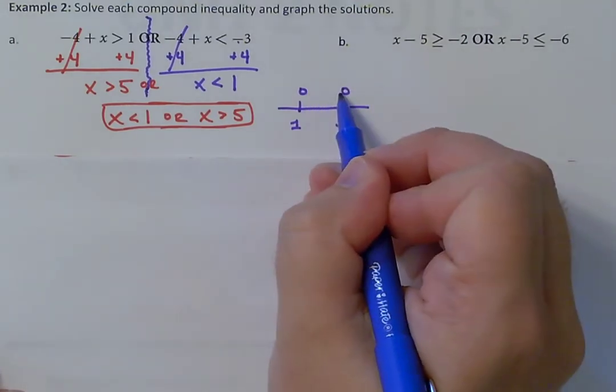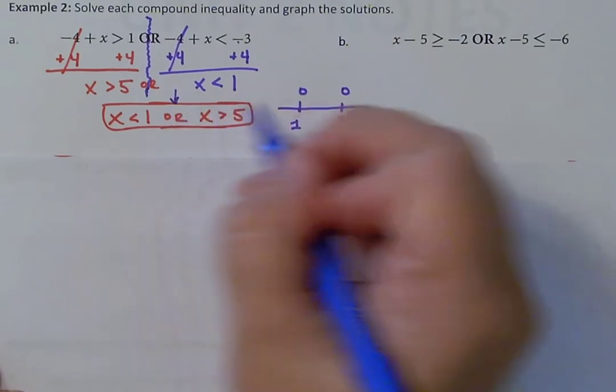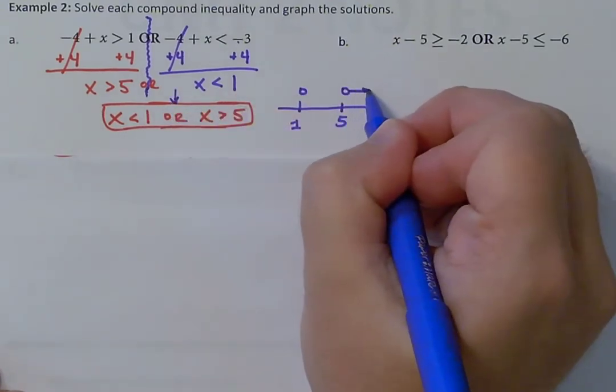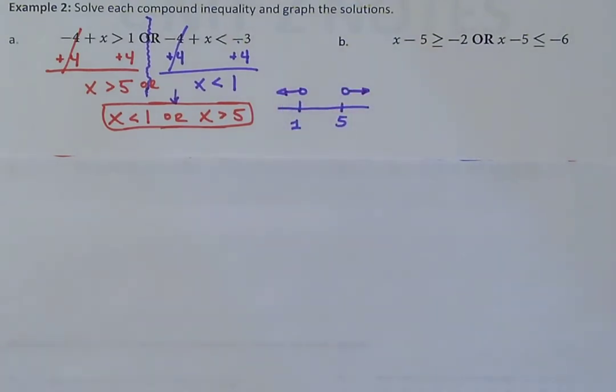The and statements we would connect. Because we have or in our problem, we're going to draw our arrows going in opposite directions. Whenever the two dots don't connect, that's considered an or statement. Whenever you see the word or, you have to draw your arrows going in opposite directions.